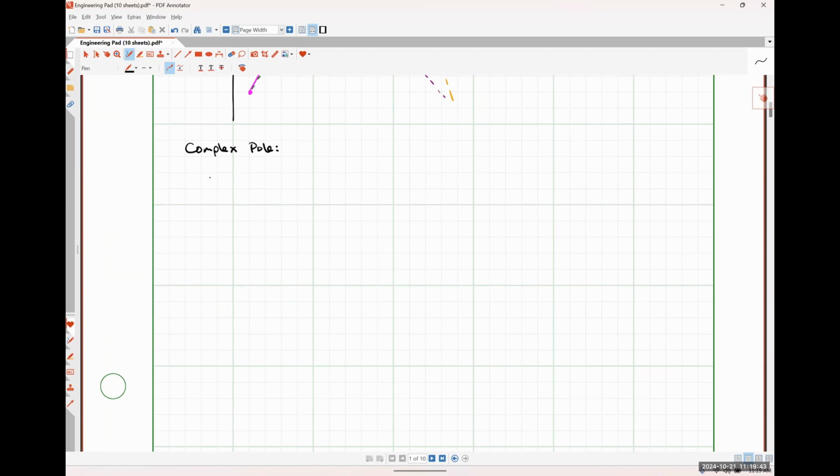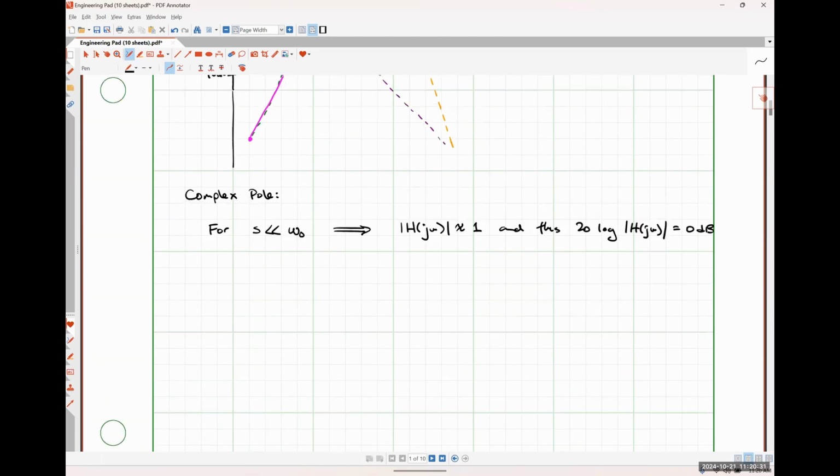For S significantly less than omega naught, the magnitude of H of j omega is approximately equal to 1, and thus 20 log of the magnitude of H of j omega is 0 dB.